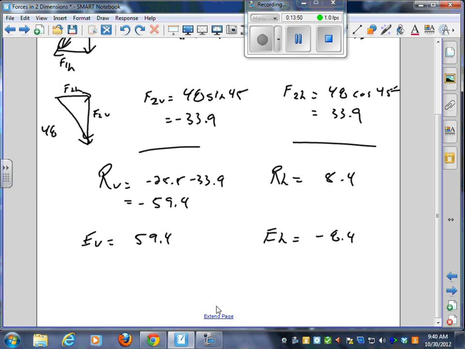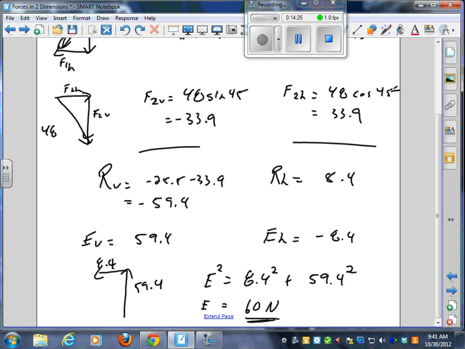So it's going to be 59.4 and a minus 8.4. Equilibrium squared is going to be 8.4 squared plus 59.4 squared. That's 60.